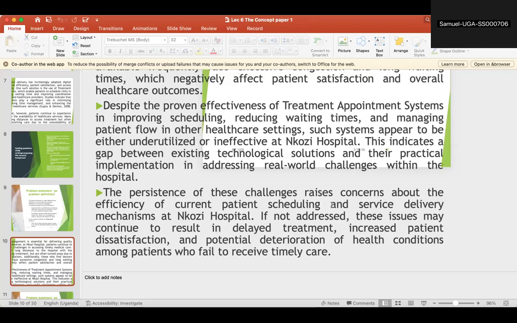So when you say optimization of patients' appointment systems, you can call it booking, you can call it anything, as long as there is that element of speed or time. That is why we have been using the word timely.